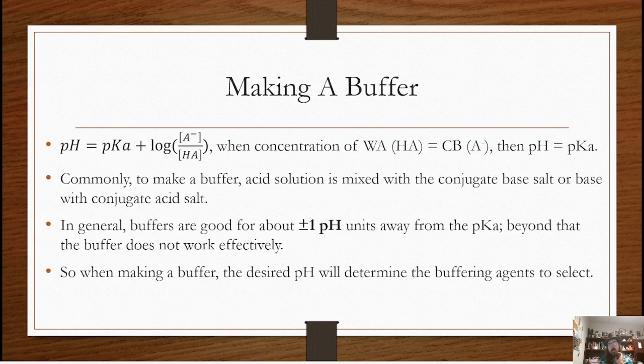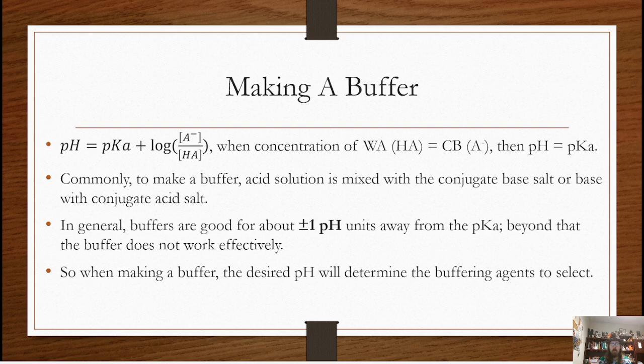Now, with that in mind, since this is a logarithmic ratio of acid and base, we have a little bit of a problem. Whenever the concentration of HA and A- are equal, regardless of whatever the concentrations are, you get the log of 1.